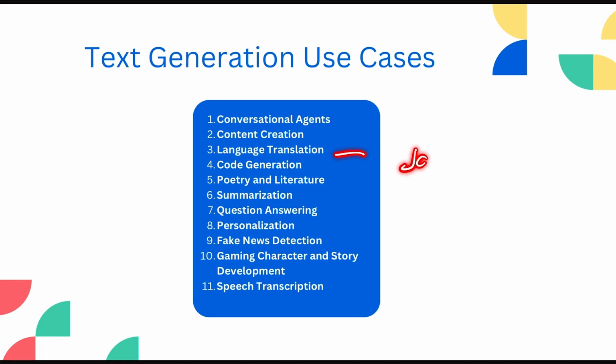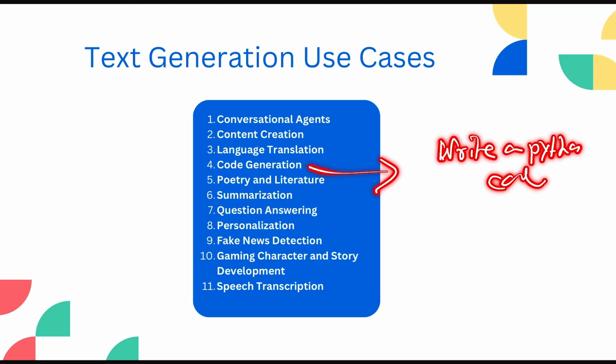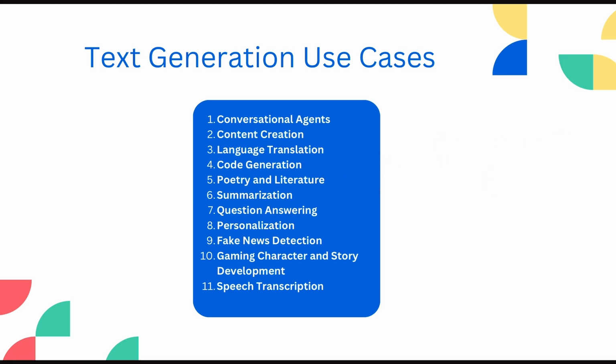Language translation. Let's say I want to translate from Japanese to Chinese, right? I can use a language translation model. Code generation. So I want to ask the LLM to write Python code, right? So it can generate the code from the given context, and similarly it can generate poetry or literature.